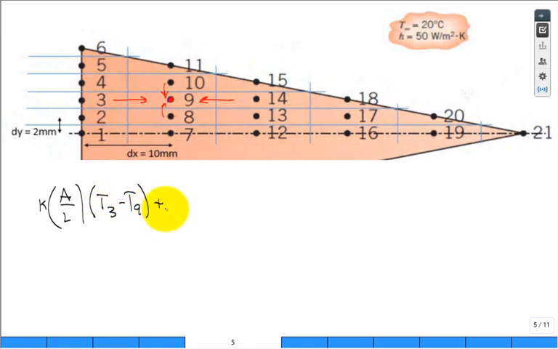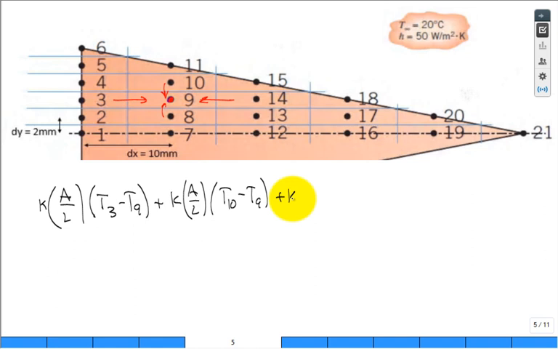And then likewise, we'll have a K, A over L, for the conduction from 10 into 9. Whoops. From 10 into 9. We're going to have all of them assume transfer in. The computer code will take care of the negative signs.